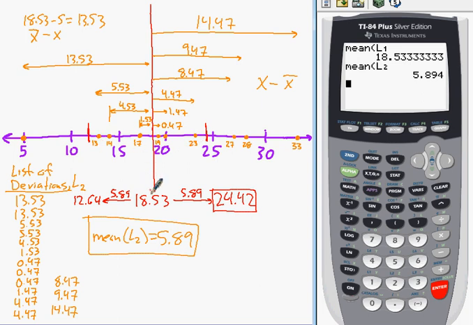Now, because we did just a simple average, the mean, there's going to be about 50% of your data in here, depending a bit on how the data is distributed. But if it's a perfectly normal distribution, there should be about 50% in this range.